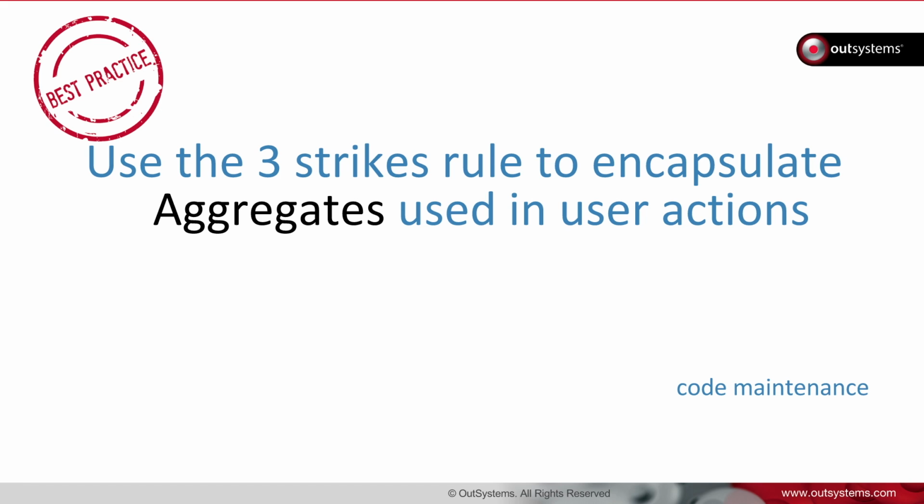So if you do have the same aggregate being used over and over again, as you've seen on the previous slide, after you find that you're using it 3 or more times, just go over and create it on a separate user action and reuse it from there. Anything that's being used 3 times or more, you should consider at least to place it either on a separate user action or a web block for reuse.